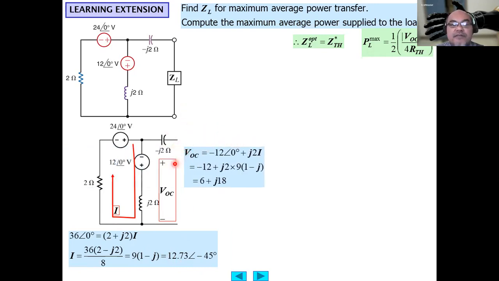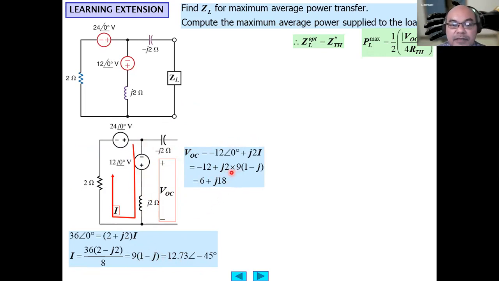Then the open circuit voltage will be equal to this voltage, which is minus 12 plus j2 times the current. Minus 12 plus j2 times the current, which is 9 times (1 minus j).